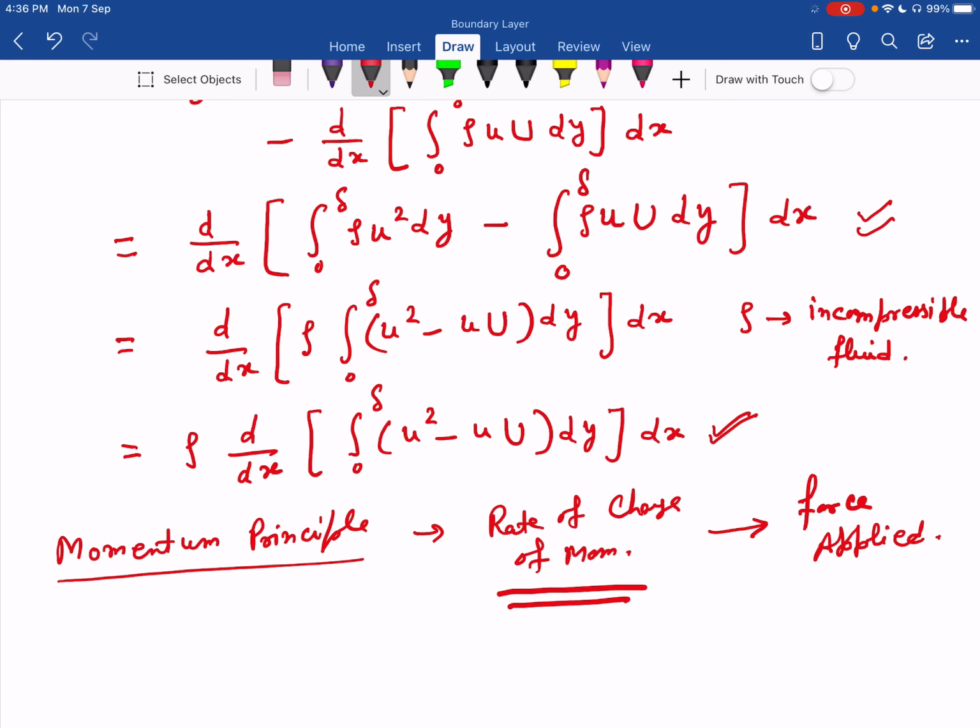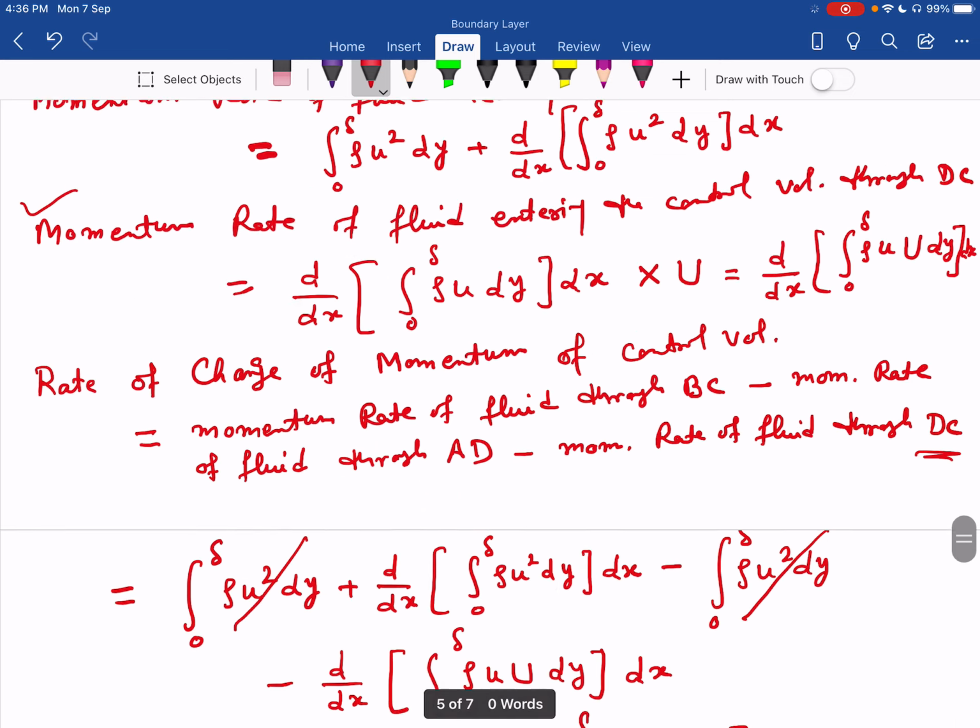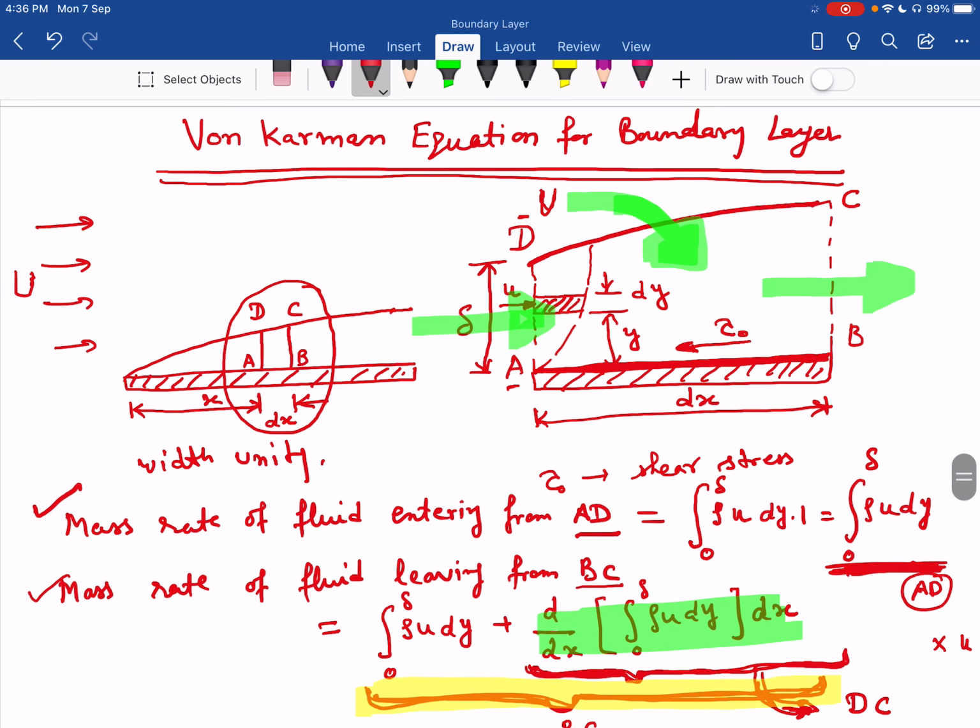Now if I see the diagram here, the only external force applied is due to this resistance force. Other forces I will neglect. So the force due to this tau O, I call that force the drag force.